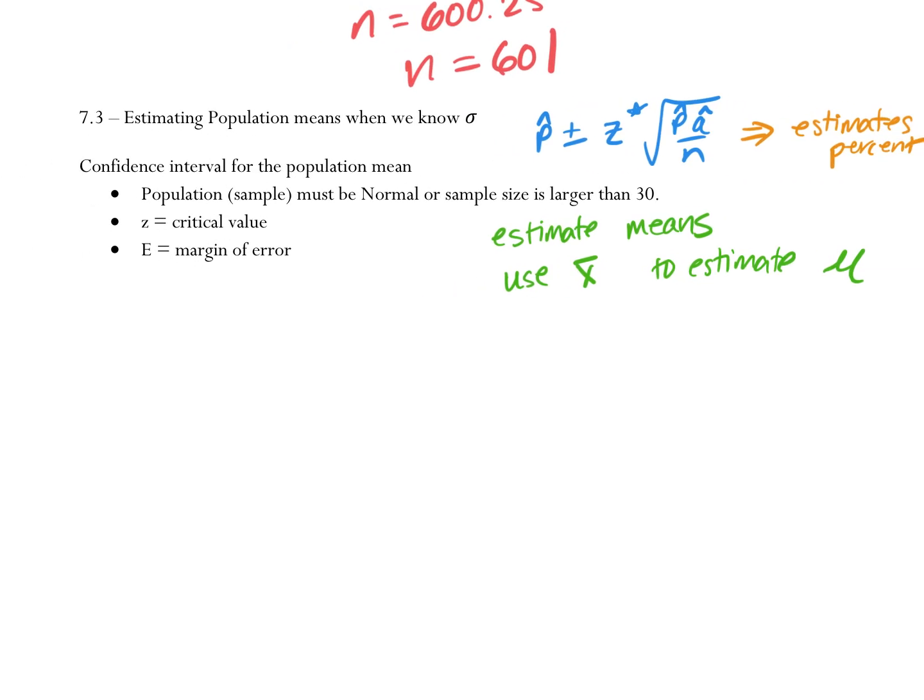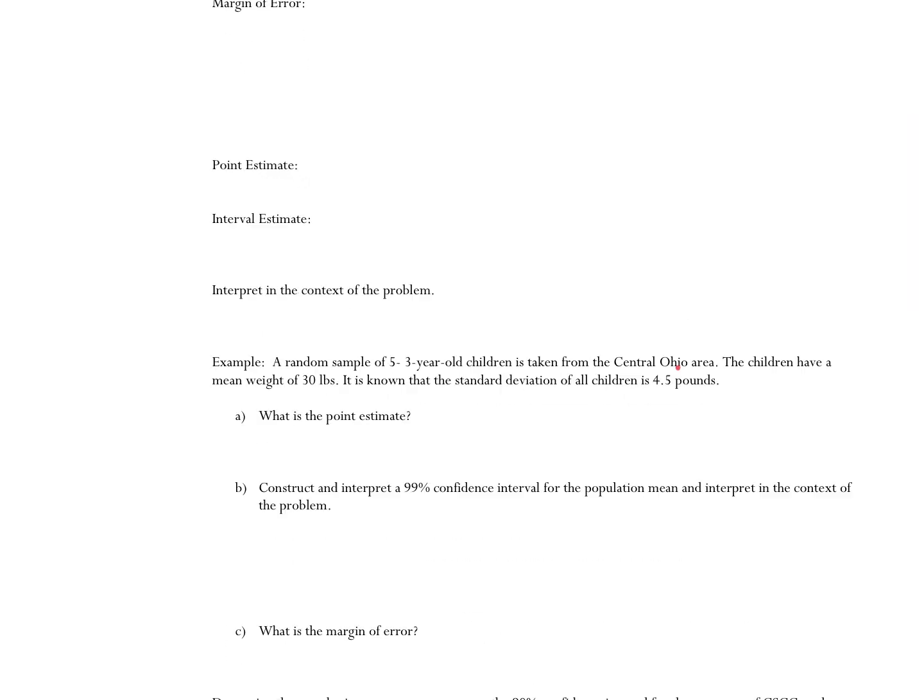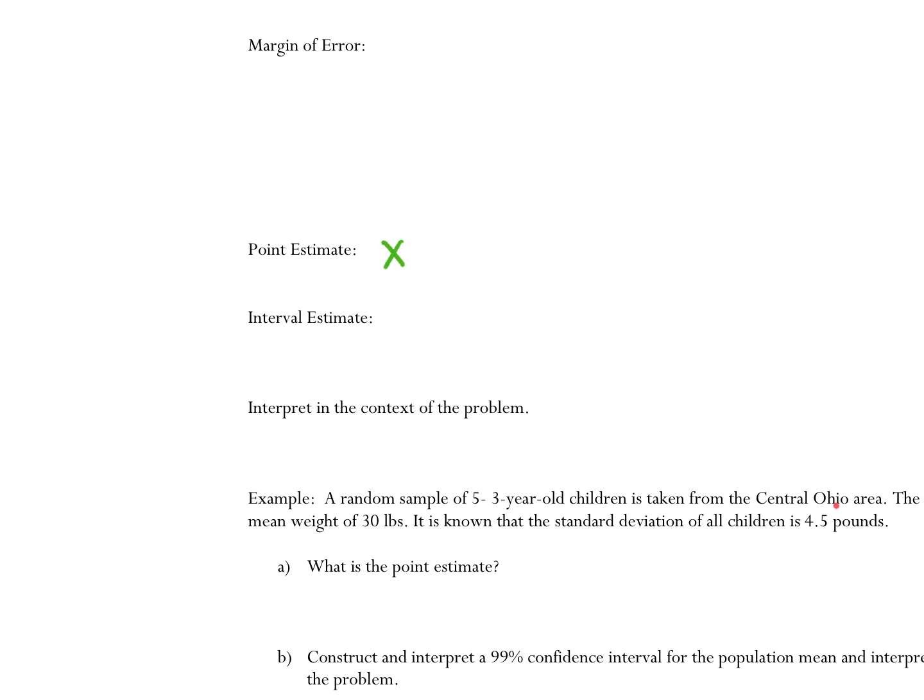It's going to be set up almost exactly the same way, where we're going to have our best estimate. When we were measuring our proportions, our best estimate was p hat, the percent of our sample, right? So now our best estimate, or our point estimate, is going to be the mean of our sample, X bar.